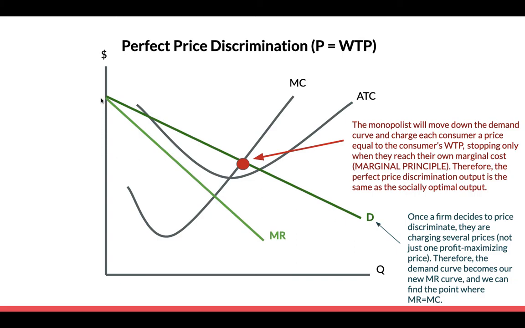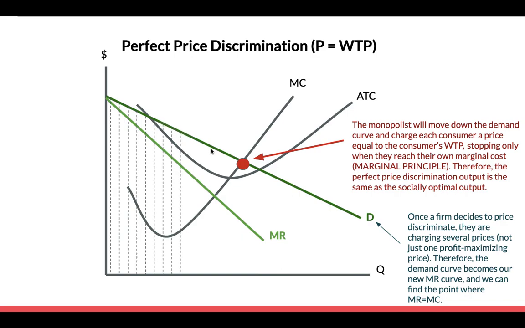Here's why. We're going to start at the top of this demand curve as the monopolist and charge this consumer exactly what they're willing to pay. Then we're going to do the same thing for each additional customer all the way down this demand curve.